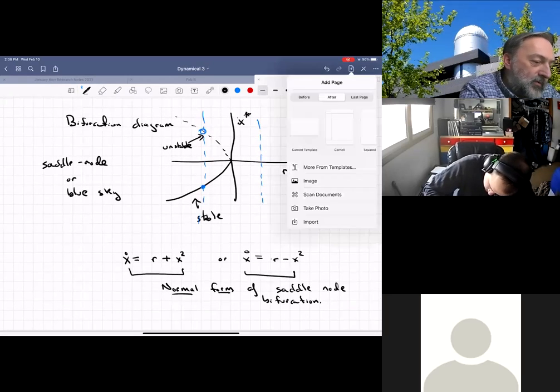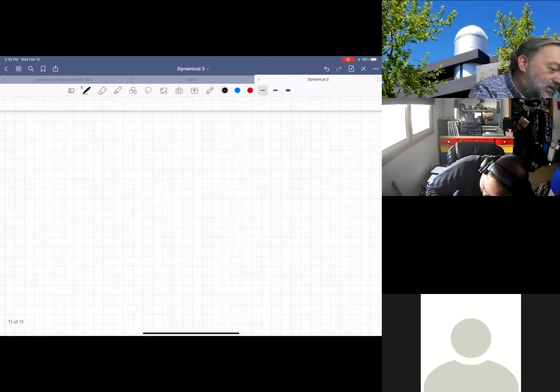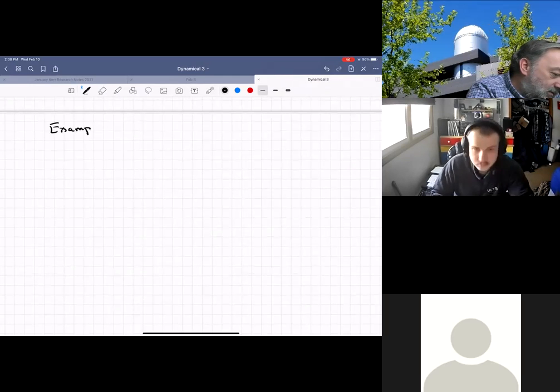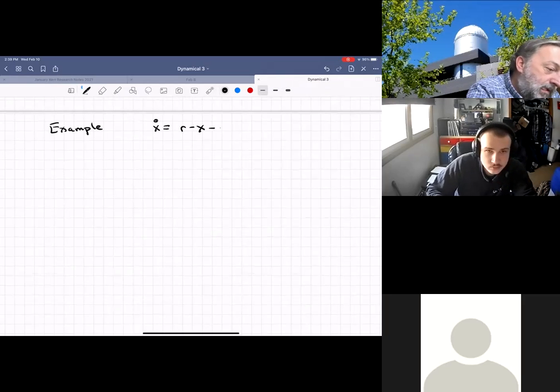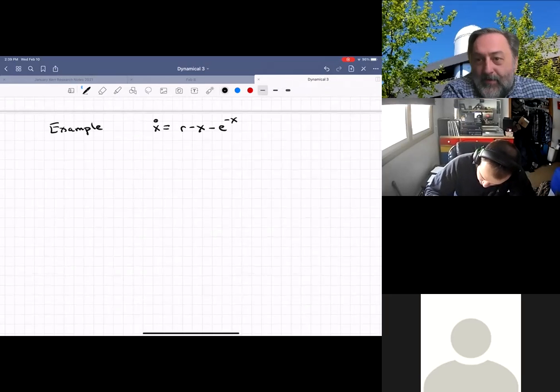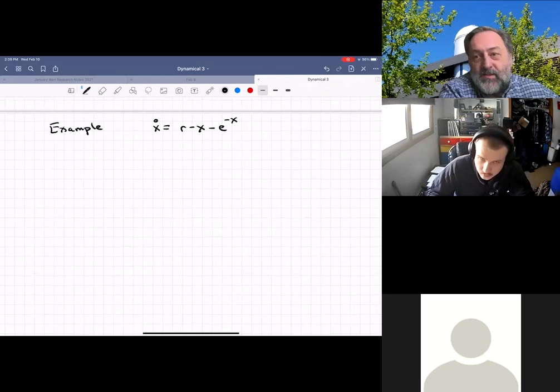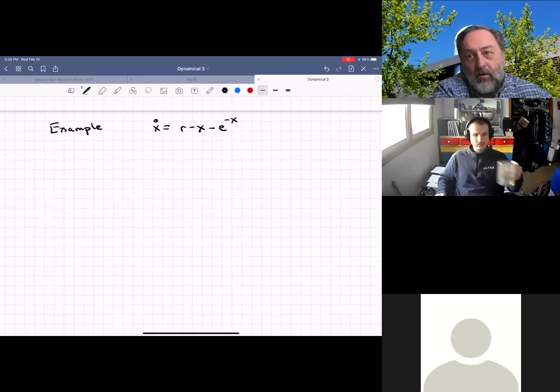So let's do an example of a system that has a saddle node bifurcation, but doesn't look like this same equation. Is that kind of like the harmonic oscillator with the energy? Yeah. A whole lot of systems look like harmonic oscillators near a minimum of the potential energy function.